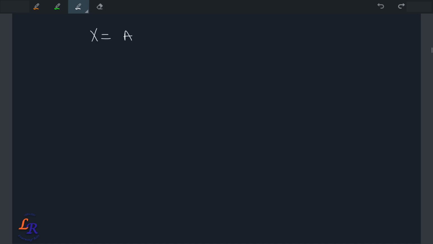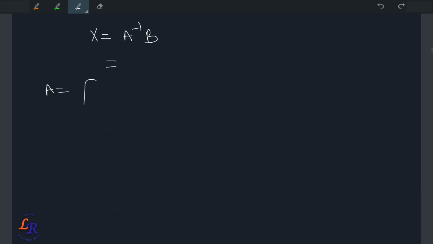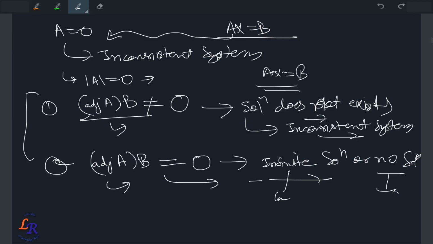Here it would be A inverse B. A is given: [2 5; 3 2]. So what would be A inverse? A inverse would be 1 upon determinant of A times adjoint of A. Determinant of A we just calculated: it is minus 11.